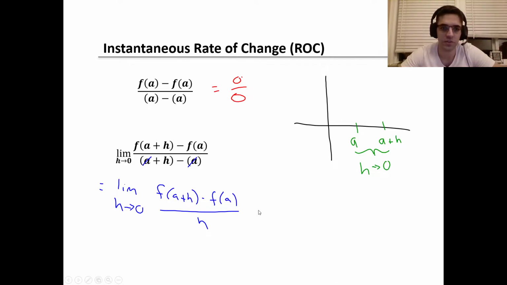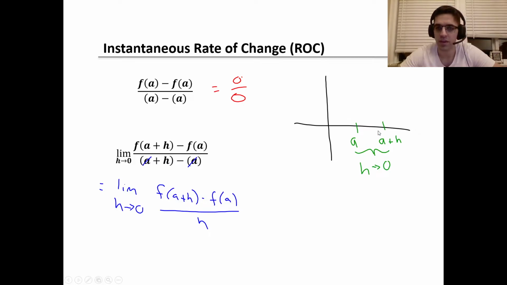So what we're going to do is look at our average rate of change function, but apply a limit to it. If our interval is from a to a plus h, I want to find the limit as h approaches 0.